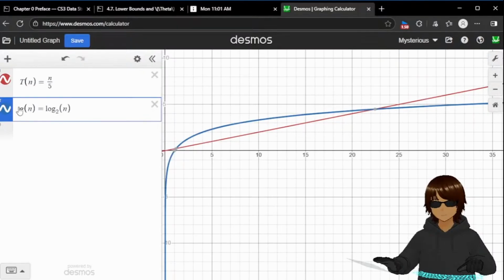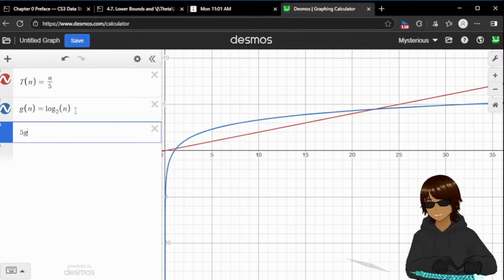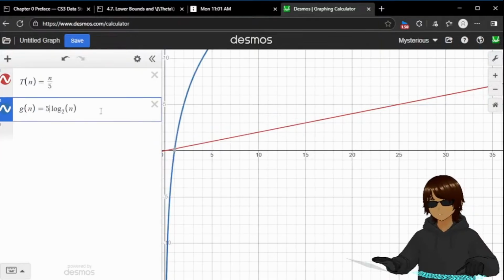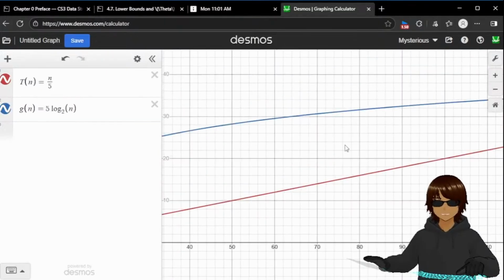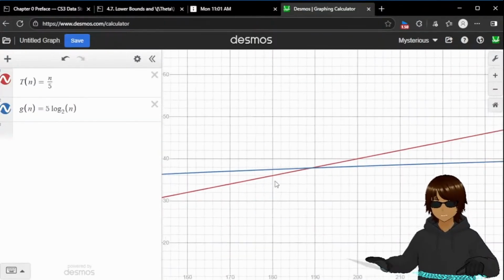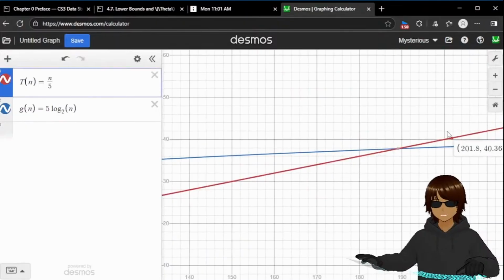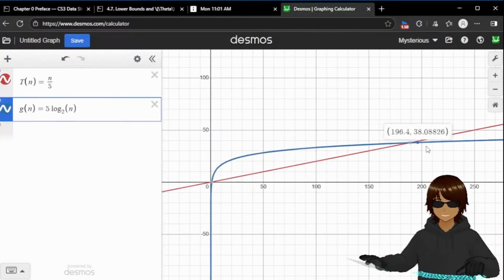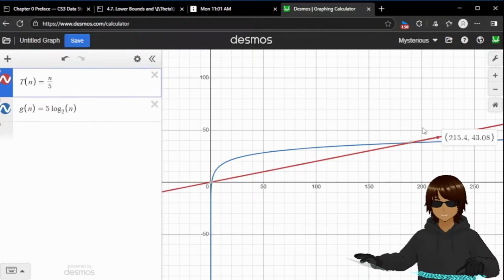But even if we multiply g(n) by a constant, even if we stretch g(n), maybe 5 times g(n), T(n) will still surpass g(n). No matter how much I stretch this g(n) function, T(n) will always surpass g(n).